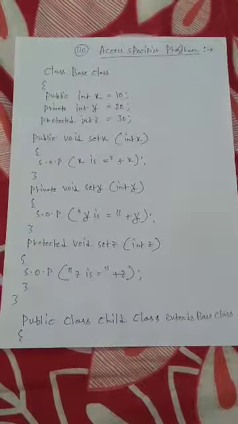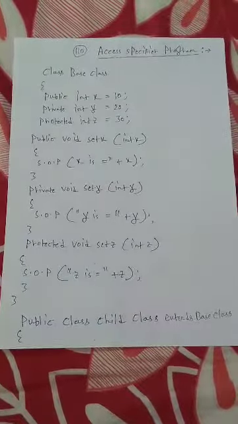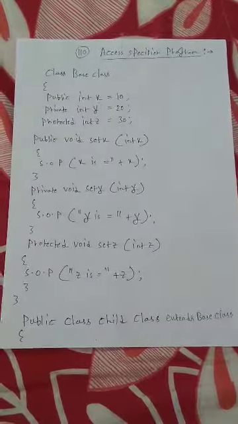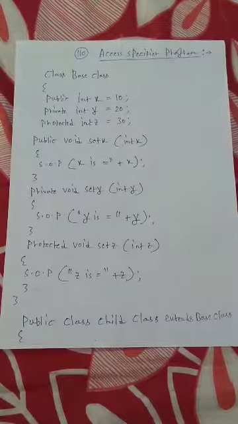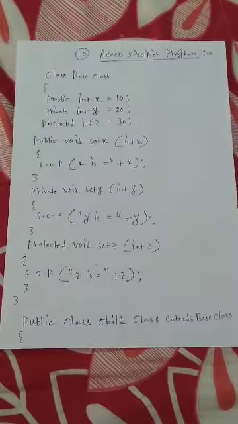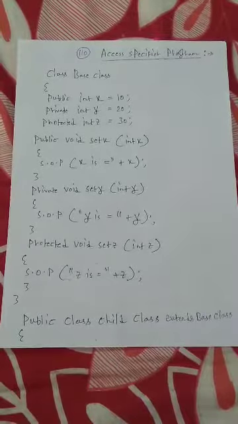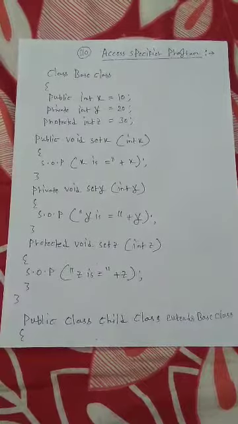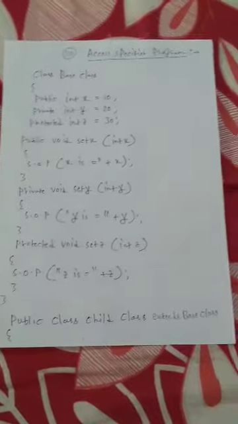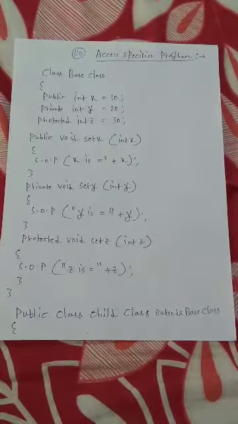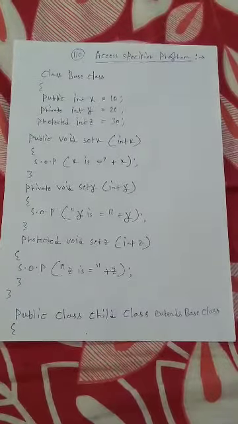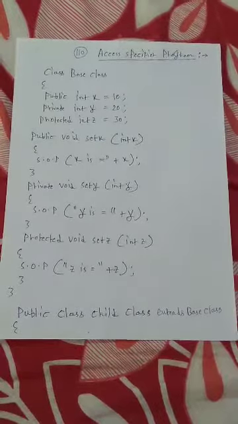Here one function will be taken, setX, where integer x is provided as a parameter, and x will be printed, and private void setY, where integer y is the parameter and y is printed, and setZ with z as the parameter, and z will be printed. And public class ChildClass extends from BaseClass. So from the base class we can extend a child class or subclass whose name is ChildClass.